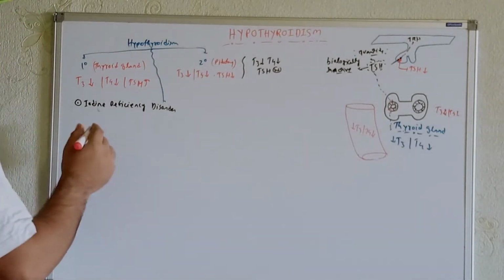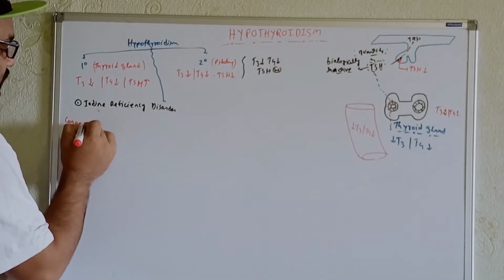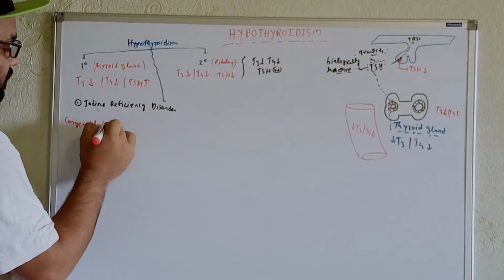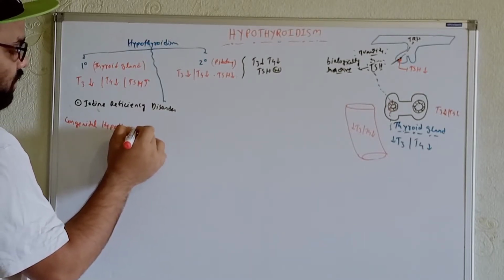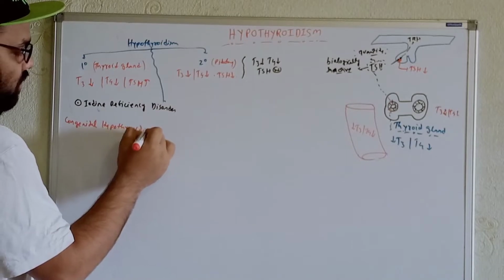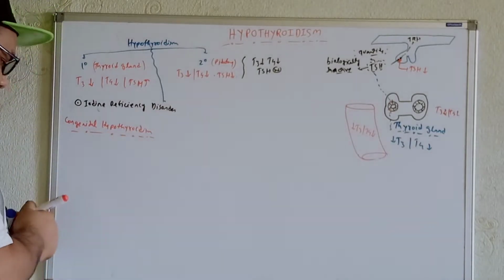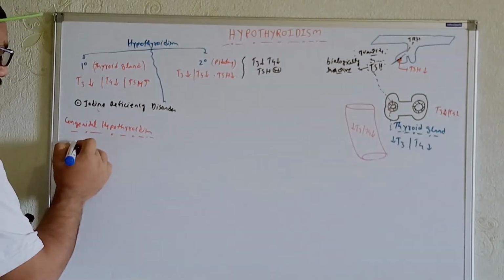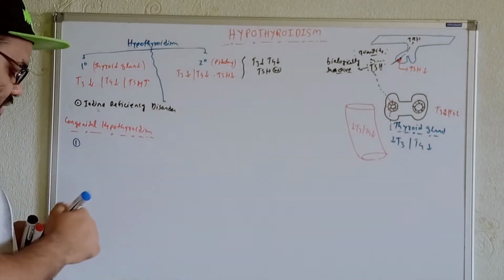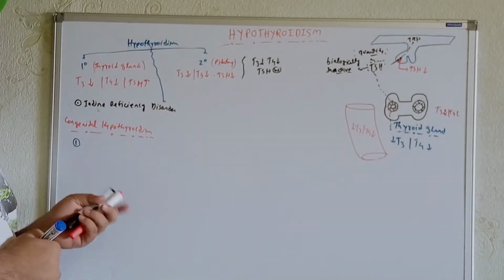Now, congenital hypothyroidism, we can get at 3 levels. For example, at the thyroid level: if we get the problem at the thyroid level, that means the thyroid gland of the fetus or the baby is not functioning.